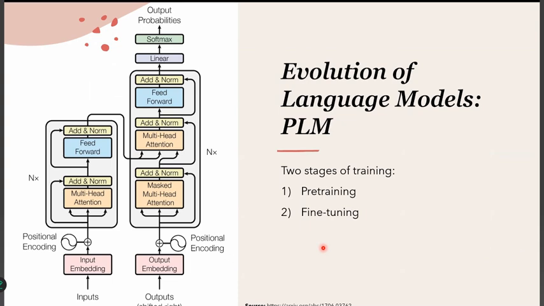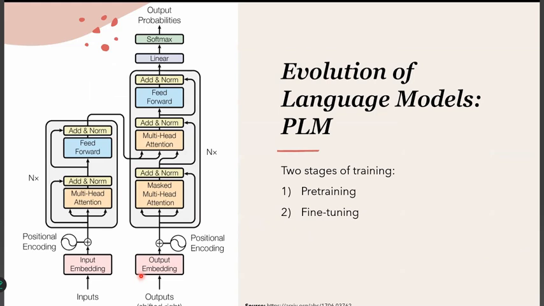This two-stage training is used in all the architectures we will be talking about, including all the recent ones. Even though it has now gone to more than two stages, these two are very crucial.